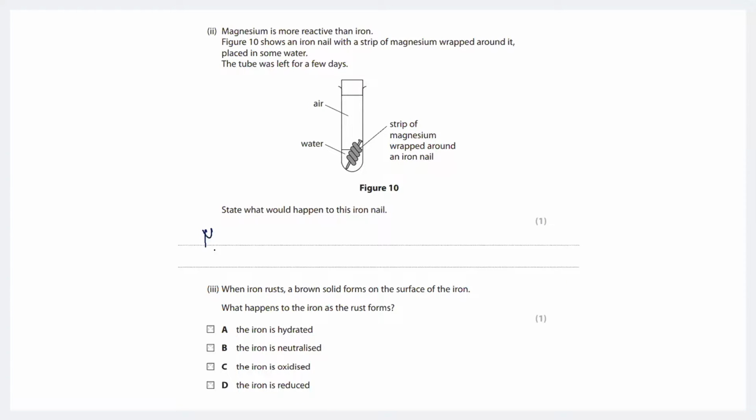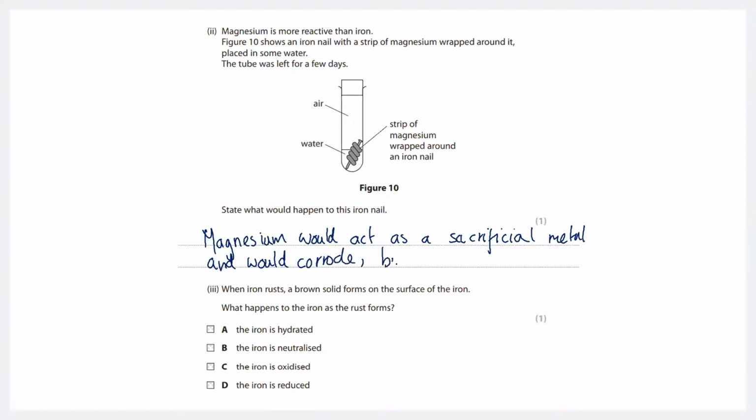So magnesium would act as a sacrificial metal and would corrode, but the iron nail would not rust.